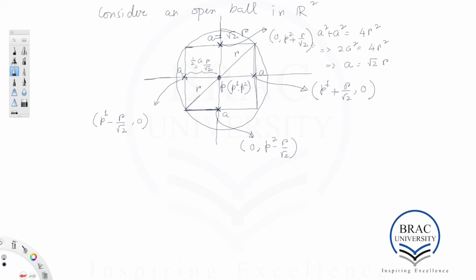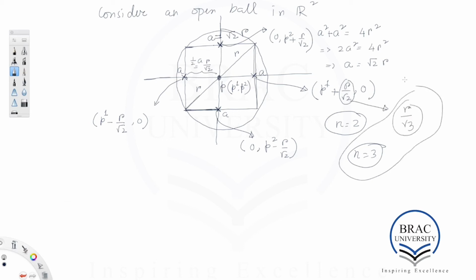Okay, so this was the situation when n was equal to 2. Similarly, you can draw a diagram for the n equal to 3 case as well, and there you will see that this summand turns out to be r over square root of 3 for n equal to 3. Okay, you can check.